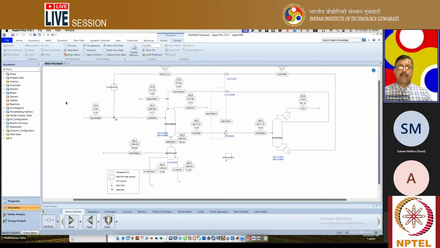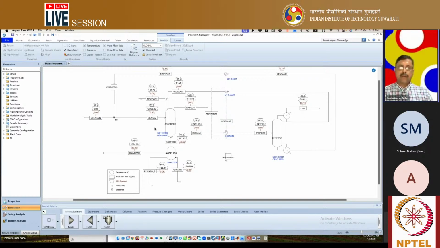So basically this is a CO2 sequestration process where we are trying to concentrate CO2. The downstream part is not shown, but we will compress the CO2 and store it somewhere. Why have I opened this file?